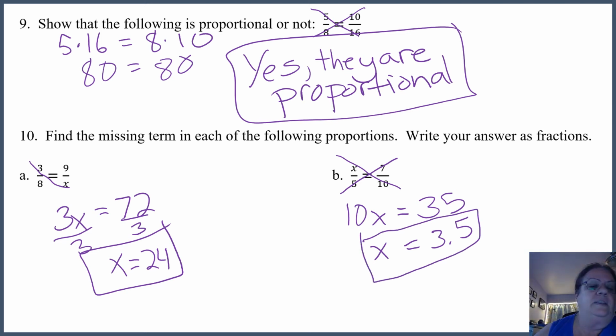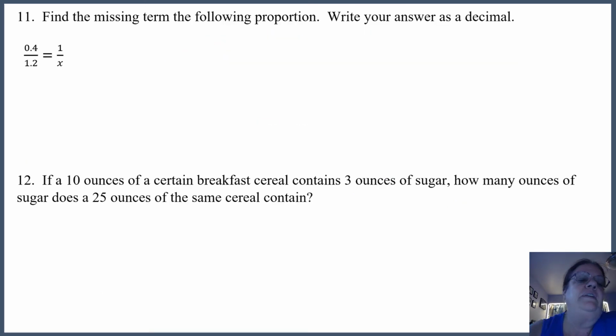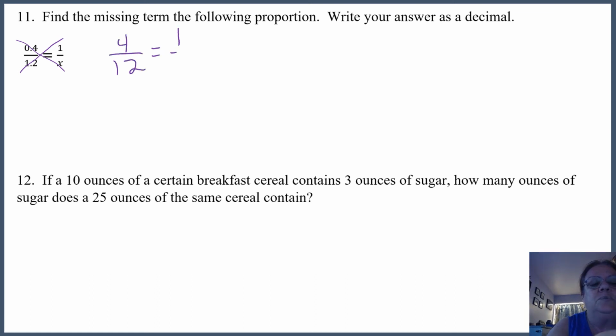Okay. Moving on, number 11, find the missing term in the following proportion. Again, we're going to do what we were just doing. But now we have decimals, right? So what I'm first going to do is rewrite this and get rid of those decimals. In each of these, I only have one decimal place, so I can simply move them over. So 4 over 12 is equal to 1 over x. Now I'm going to do my cross multiply or cross product.